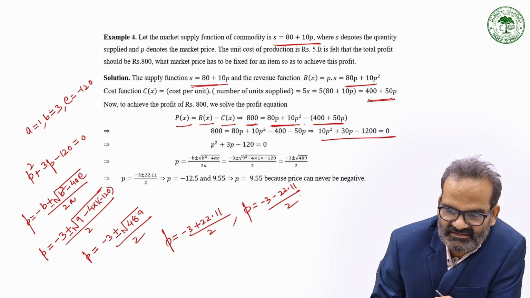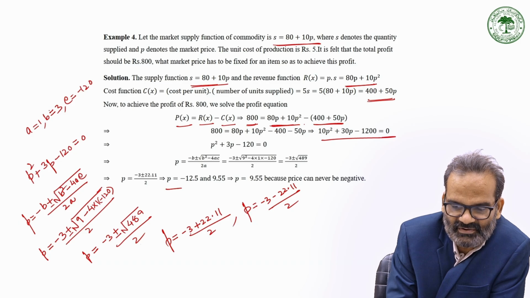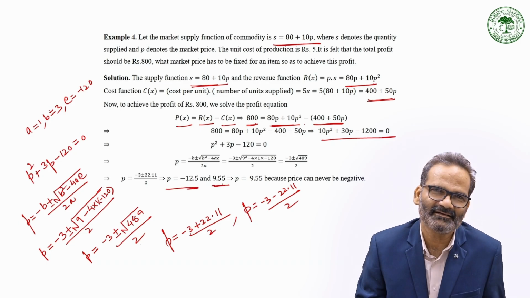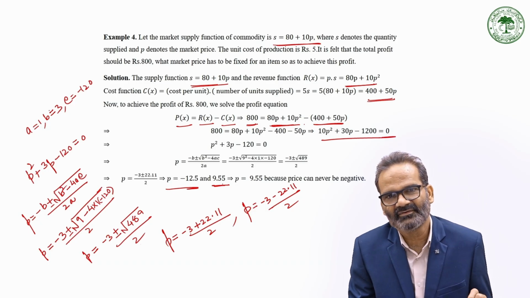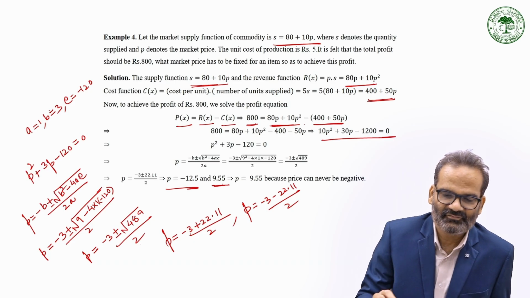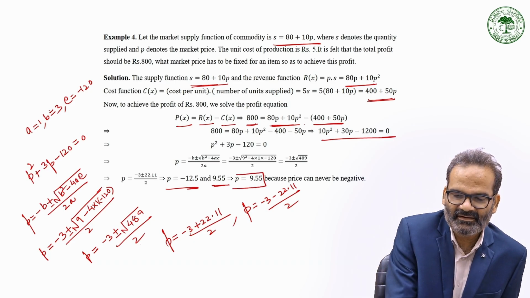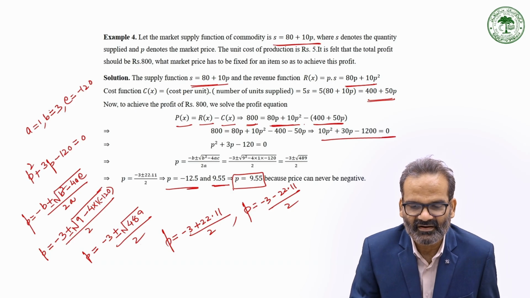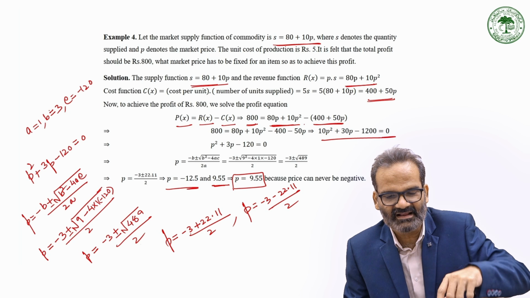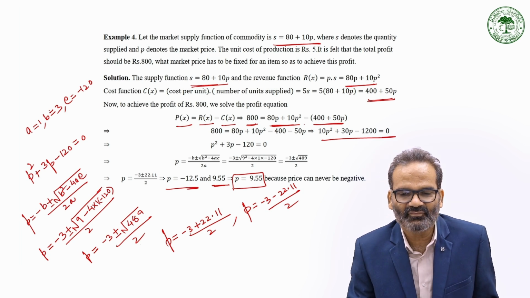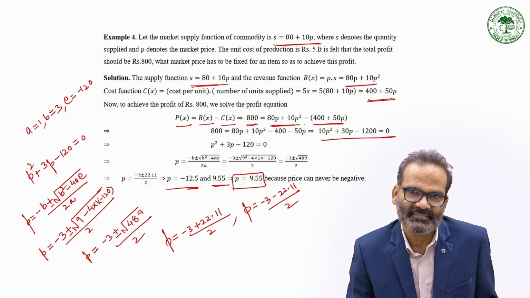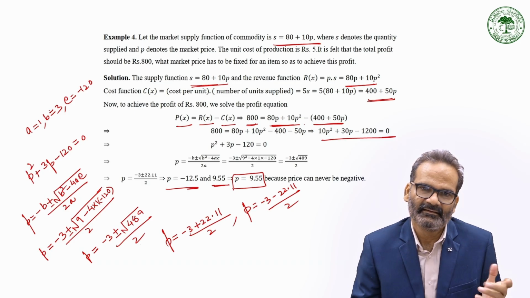When you simplify these two, you get p as 9.55 and minus 12.55. The price of any commodity can never be negative. Therefore, the negative value should be ruled out, and finally the value of p comes out to be 9.55. So if the price of the commodity is fixed at rupees 9.55, then the profit of the firm would be rupees 800.